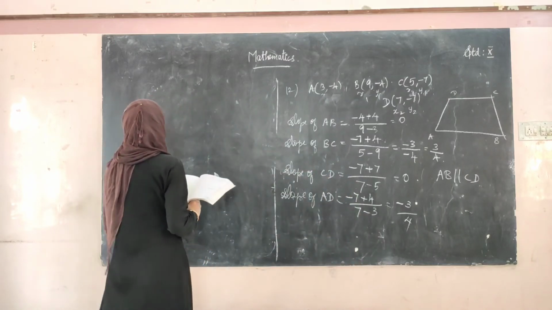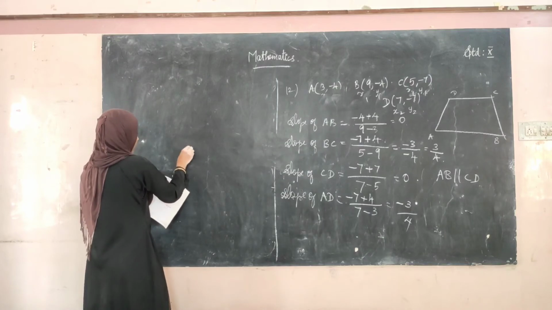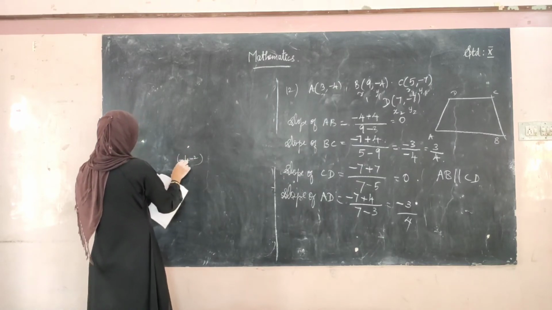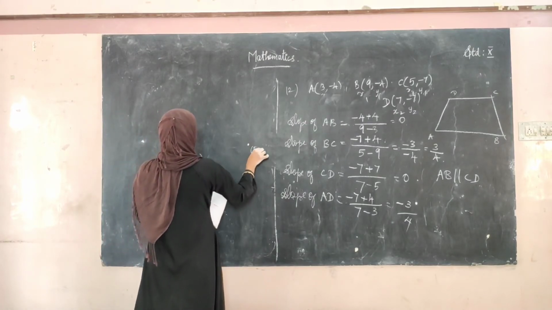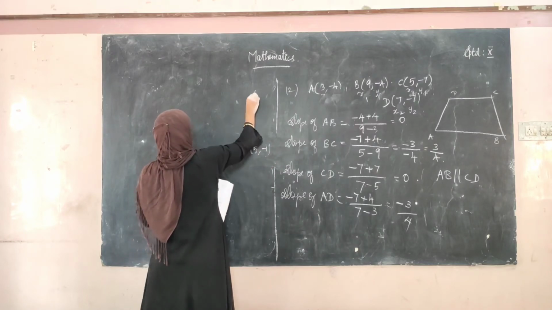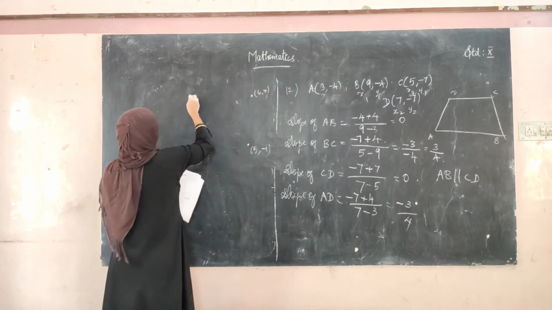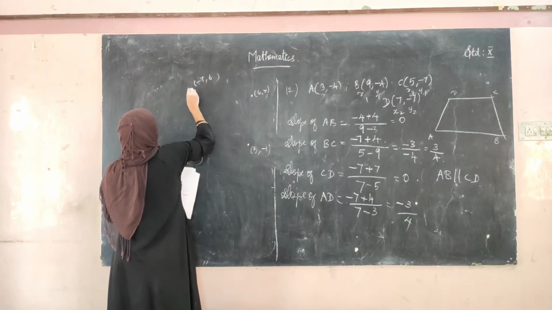Given there, a quadrilateral has vertices. Okay, so this be A. This is minus 4 comma minus 2, and then 5 comma minus 1 happens here, and then 6 comma 5 happens here, and then minus 7 comma 6 happens here.